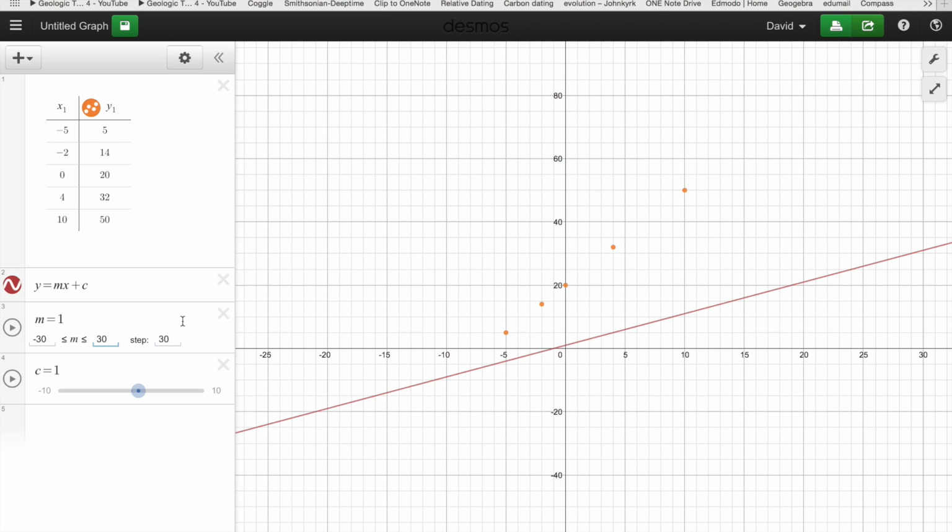And I want it to go in very small increments of 0.1. With my c values, I want them to go from negative 40 up to 60, in steps of, well, we'll make it 1.